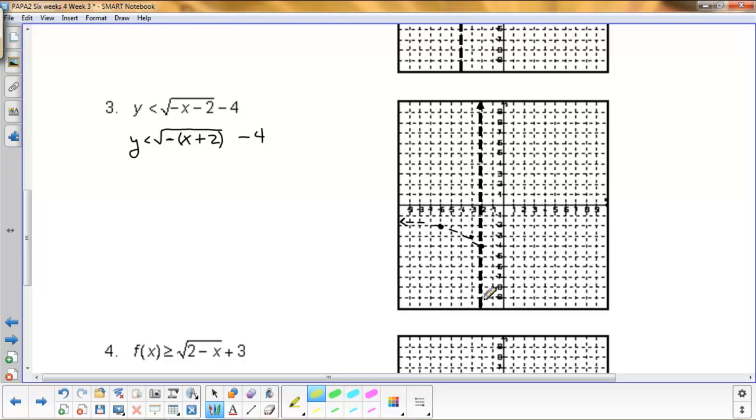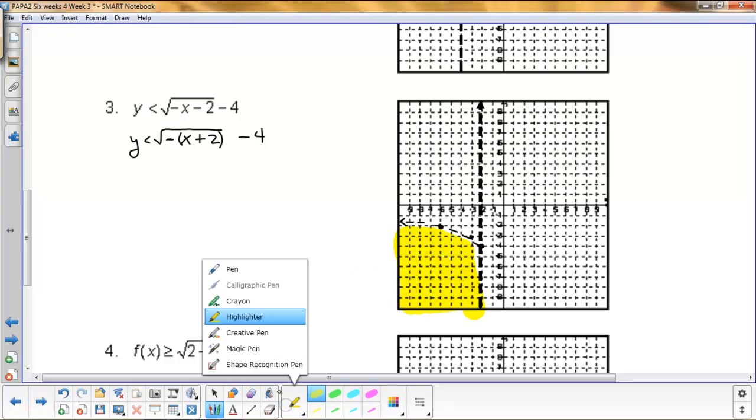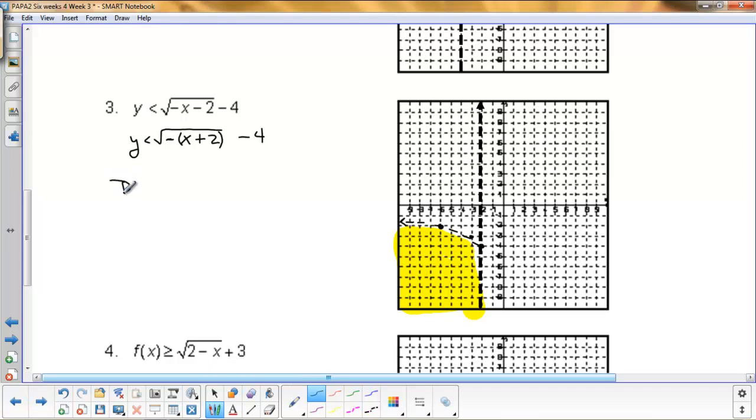Because it is less than, we will shade below the function, and our solution set lies here. The solution set in interval notation will begin at -infinity. Please make sure you go with your smallest values first, and will go all the way to the number -2, not included. The range in interval notation is going to be all real numbers, -infinity to positive infinity.